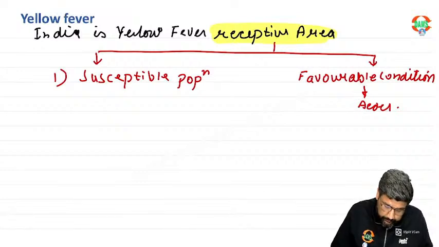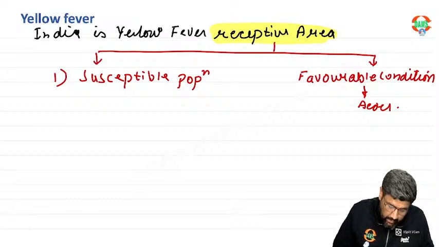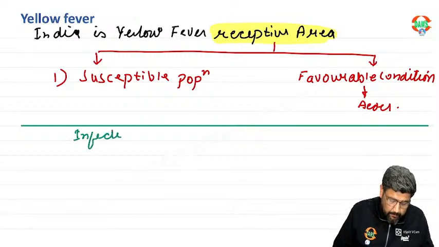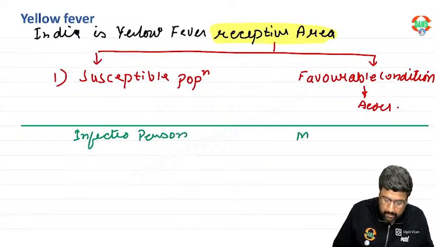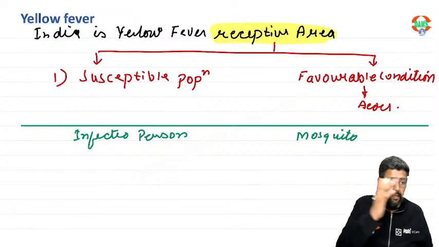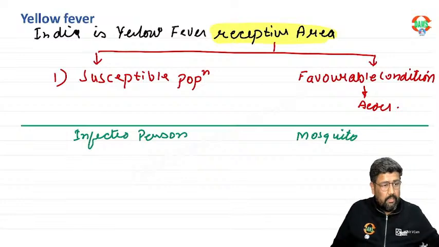Now coming to the next point: how can yellow fever enter our country? Either by an infected person or the mosquito can come, right? From Africa, either an infected person can come to India and transmit, or a mosquito.